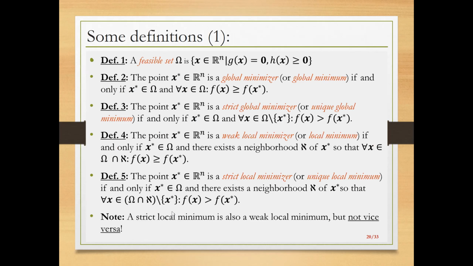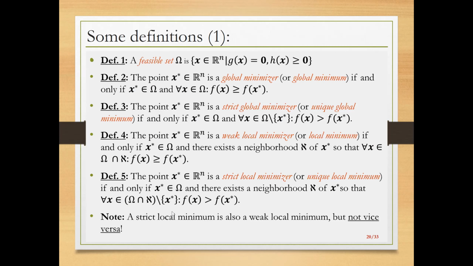Okay, so let's start with some definitions. Now we have understood what an optimization formulation is, and it consists of many parts. One is the objective function. We have to specify whether we want to minimize or maximize the objective function. The third thing is we have to have a bunch of constraints. That makes up an optimization problem. Now, definition number one, feasible set. I already explained to you what a feasible set is.